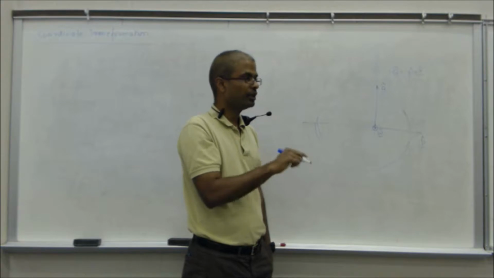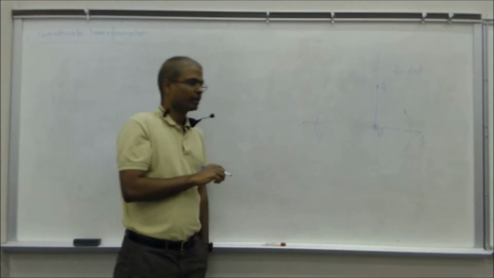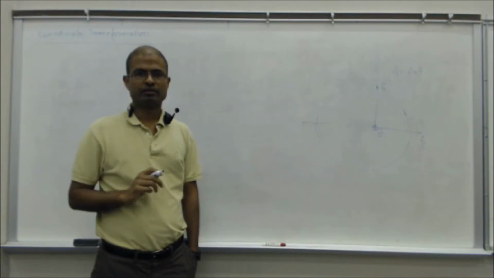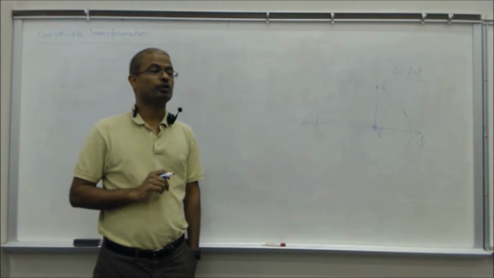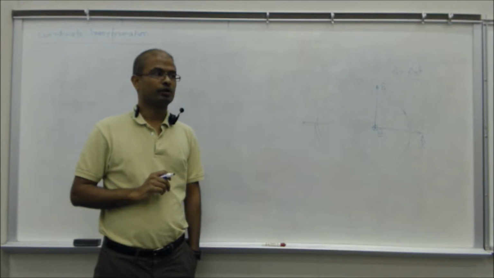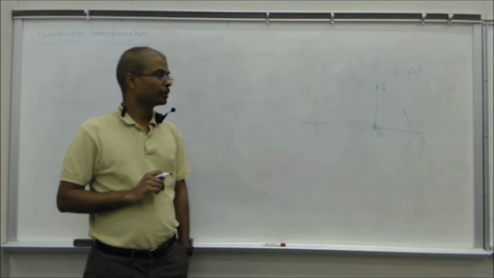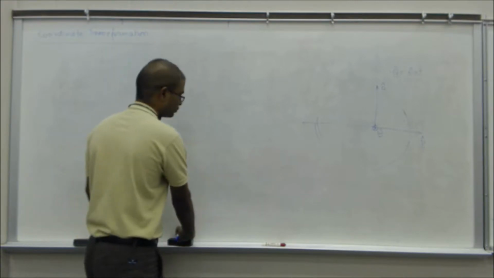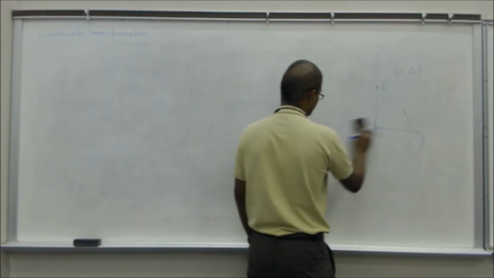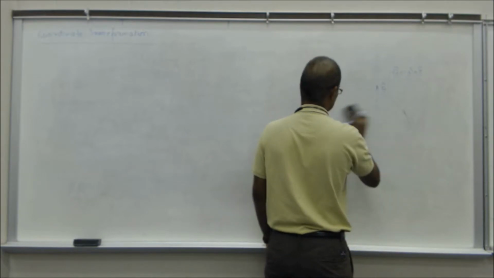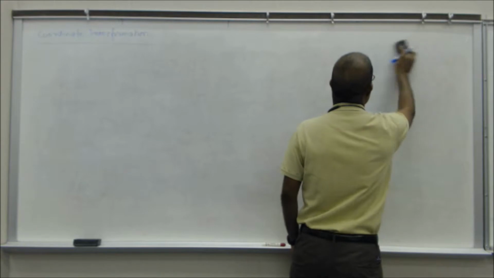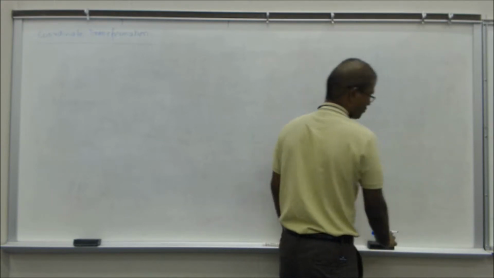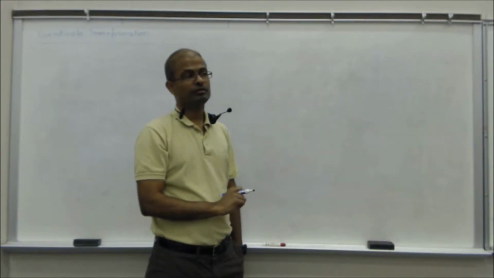Perifocal frame is PQW. And which was the other frame over there? ECI frame. So it is the geocentric equatorial frame. So if you look at the geocentric equatorial frame, what are the two directions you can define? You cannot just say I and J. It doesn't matter what letters you use.